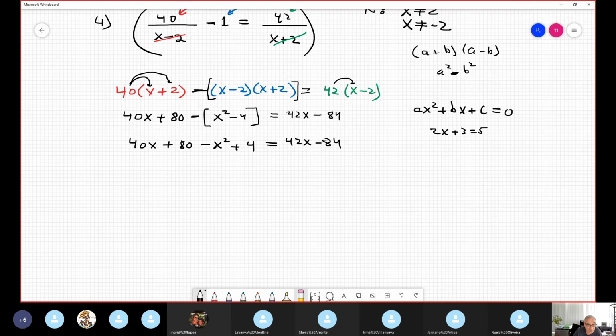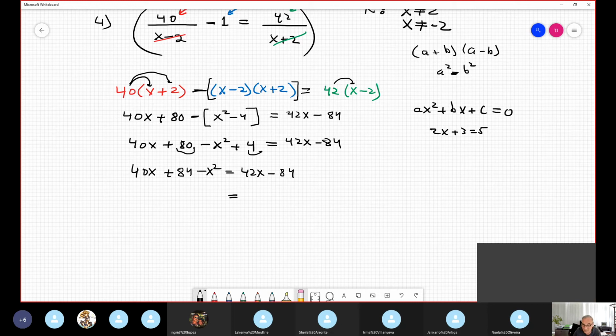Okay, entonces now we have 40x here. We combine like terms, the 80 plus 84, 84 minus x squared equals 42x minus 84. So you move everything to the right or to the left. I prefer to the right. Doesn't matter. Remember the equations are symmetric.